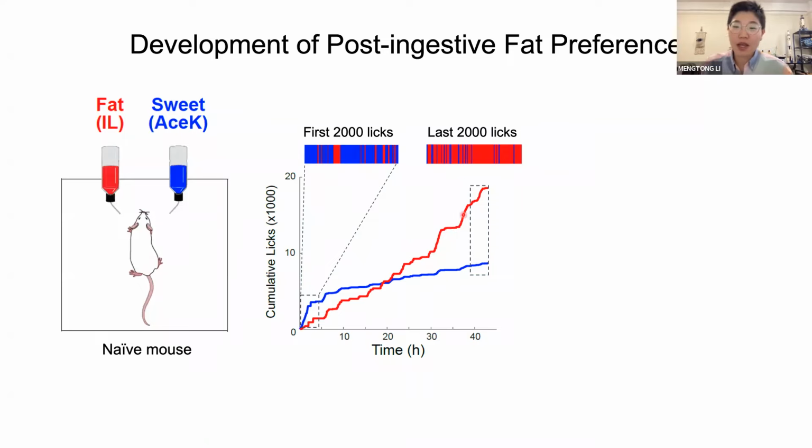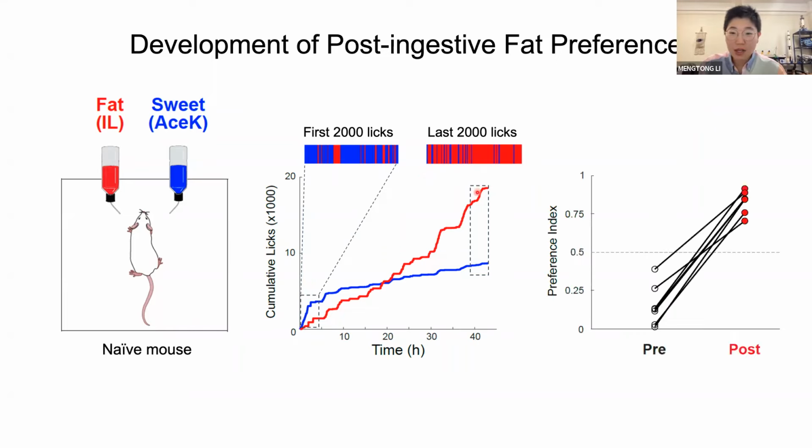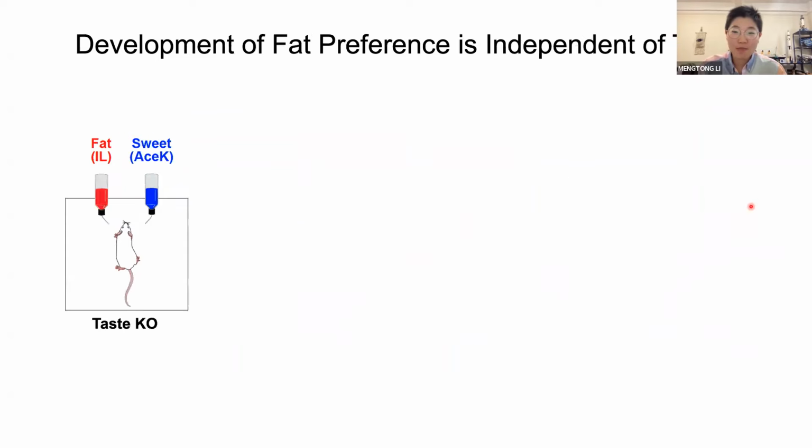The mouse nearly exclusively drinks from the bottle containing the intralipid in the last 2000 licks. This graph shows the dramatic switch from less preference for fat at first to unquenchable appetite for fat in the end.